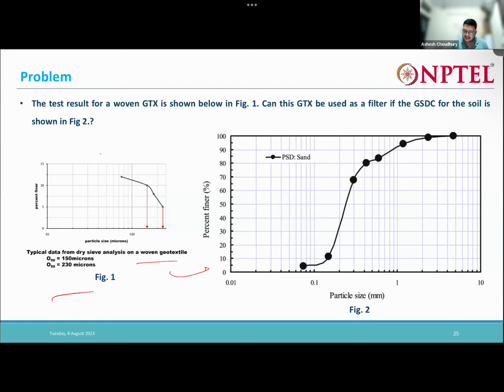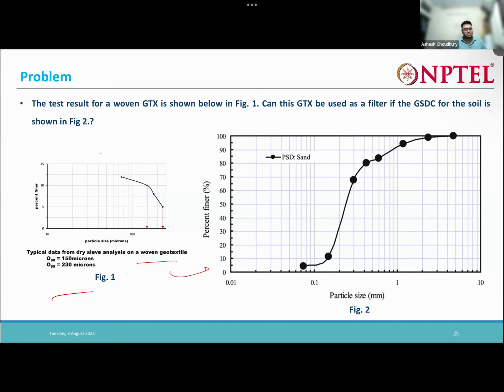A geotextile to be used as a filter should serve two purposes. One is that the fine particles of the soil should not be lost. That is, the fine particles of the soil should not pass through the geotextile too much. Else, there are chances of piping. I won't tell you what piping is; you must have done this in the basic soil mechanics course.